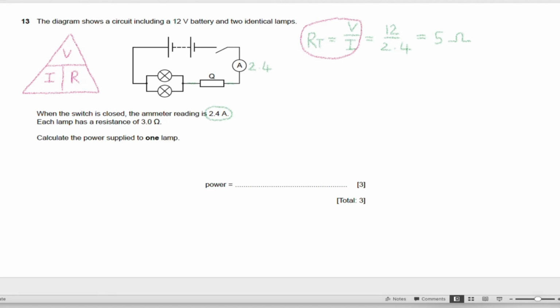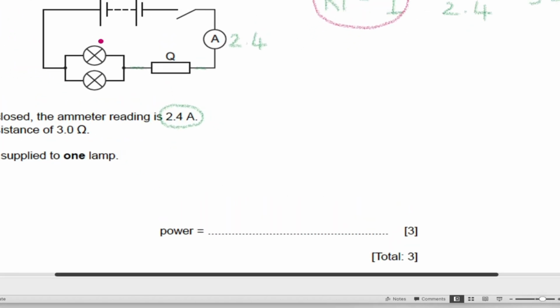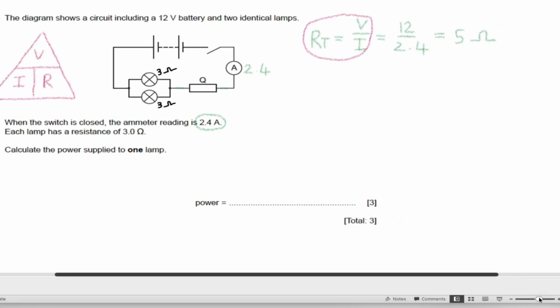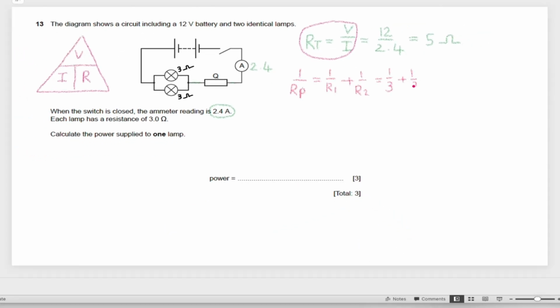Step 2. Now we focus on the equivalent resistance of the parallel lamp pair. We know that each lamp, and I'm going to zoom in, has a resistance of 3 ohms, 3 ohms, 3 ohms. So let's quickly work out the parallel equivalent. 1 over 3 plus 1 over 3 gives me 2 over 3.